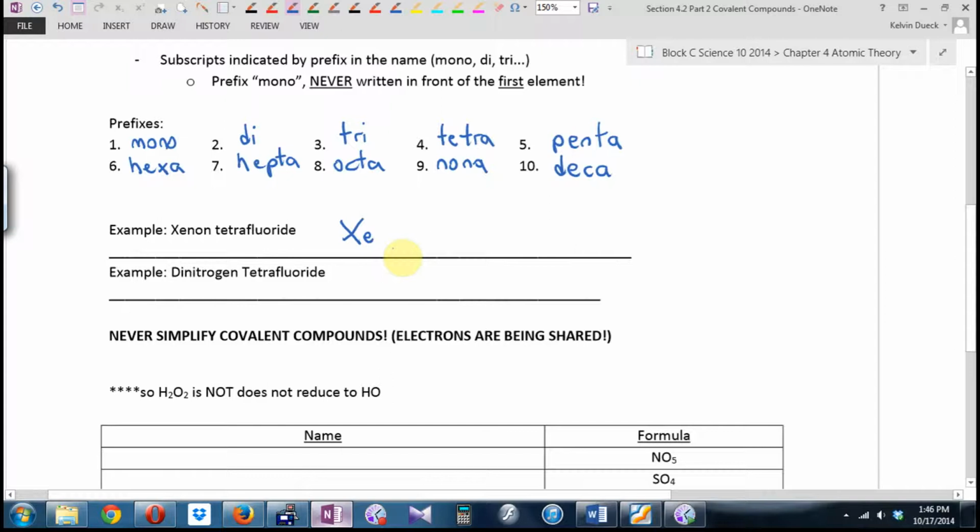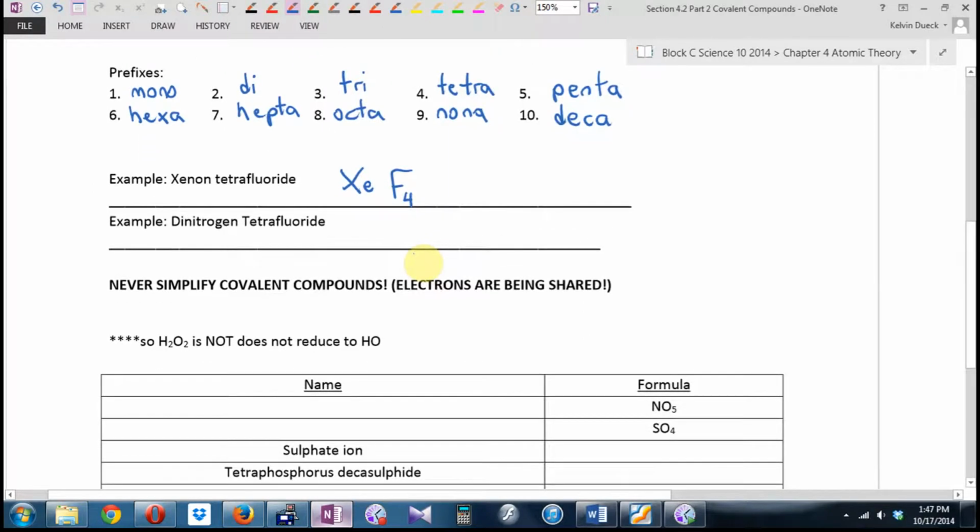No. Tetrafluoride. What's the symbol for fluoride? F. How many fluorides? What does tetra mean? You notice you can get there without the crisscross trick. It actually tells you how many of each in the covalent. So I think in some ways that's easier, although you've got to recognize the words. Okay, fair enough.